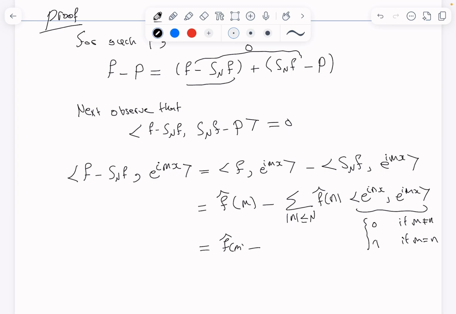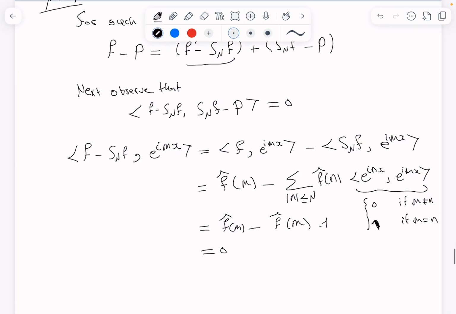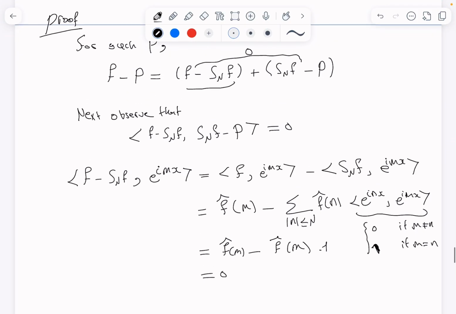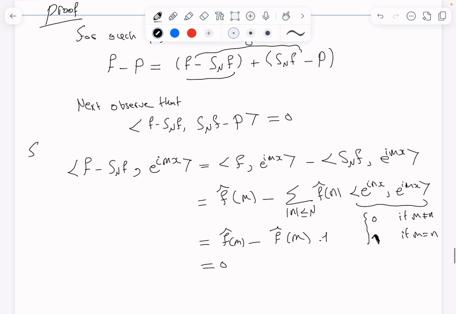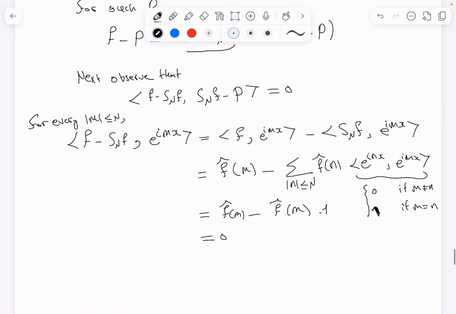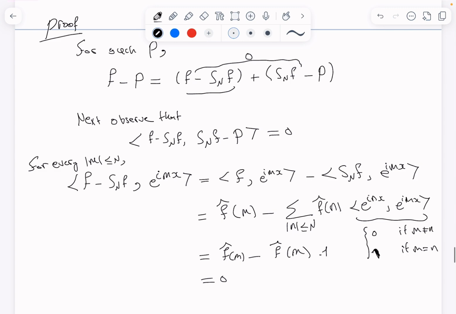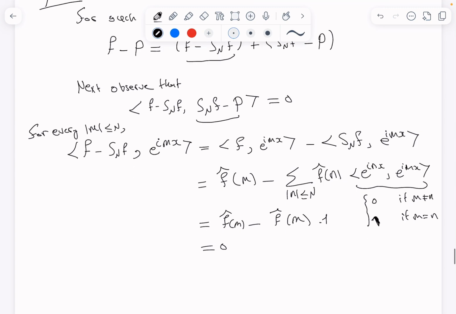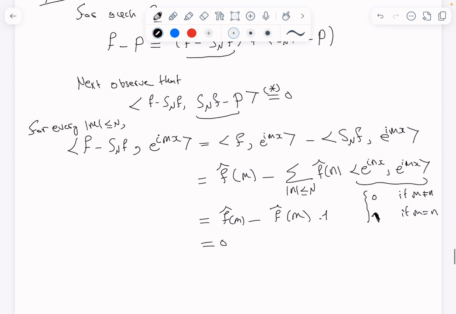And the n equal m term is precisely f hat of m times 1, and thus this is 0. So this was proven for every m less than or equal to N, we have this property, right? So in particular, we know that it holds for this. Let's call this star.